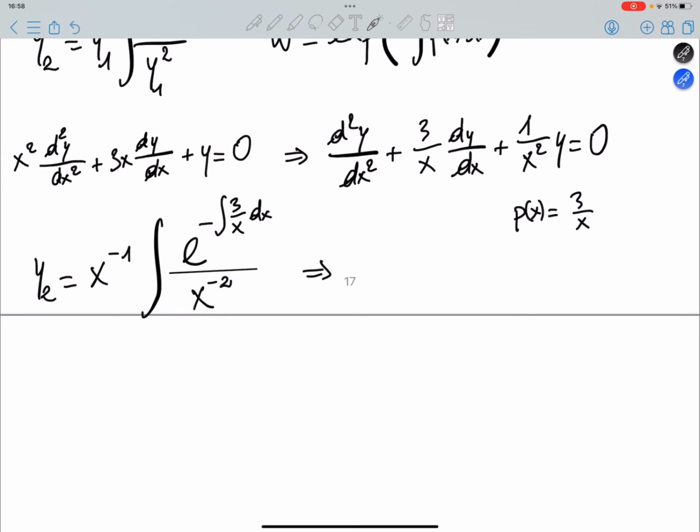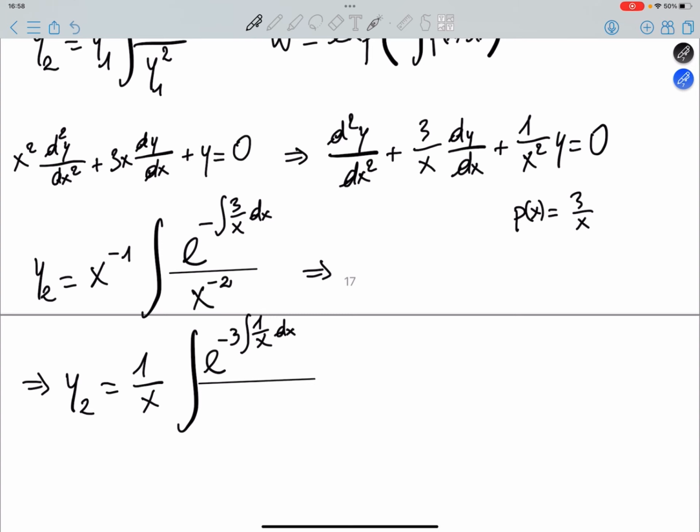So this implies that y2 is equal to 1 over x, because x to the power minus 1 we can write as 1 over x, right? So we have integral of e to the power minus 3. If we take this minus 3 out, we have minus 3 integration of 1 over x dx, and then we have x to the power minus 2, right?